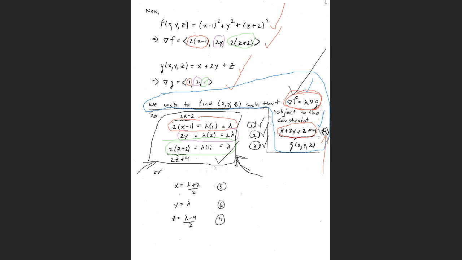So when students see this, they think, man, this is a little crazy what's going on here. But it isn't. You're just utilizing this vector equation you're comfortable with, gradient of f equals lambda times the gradient of g.